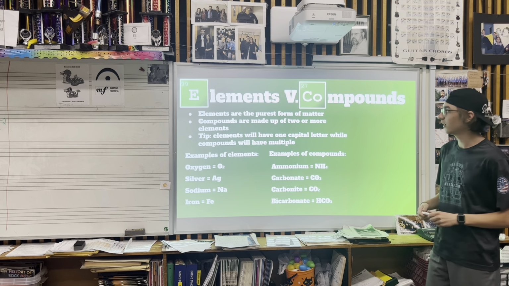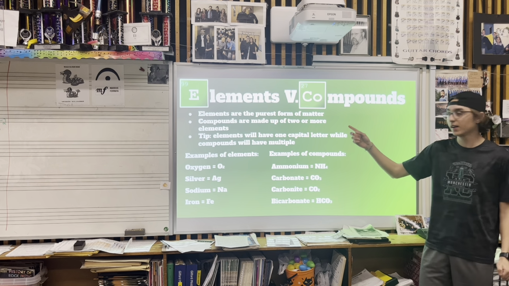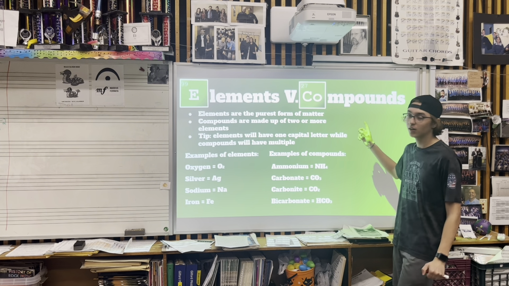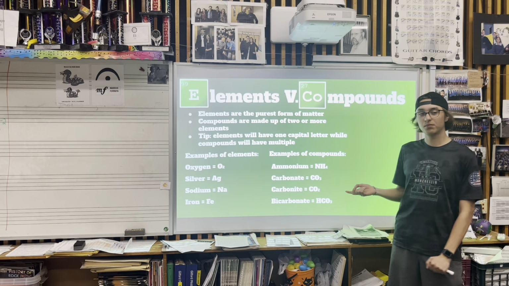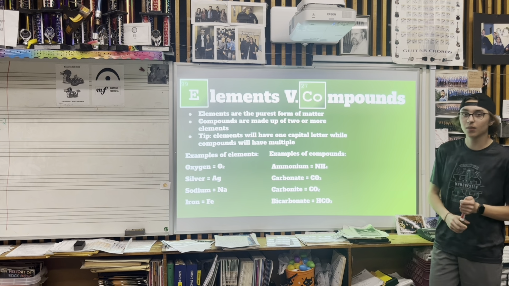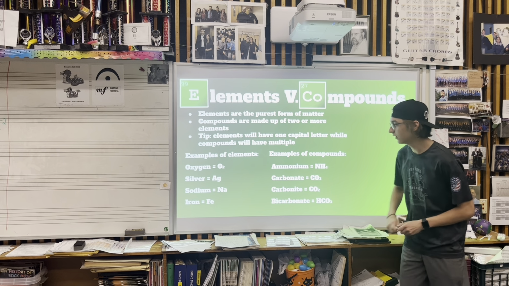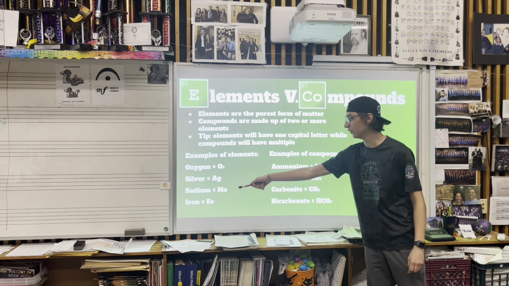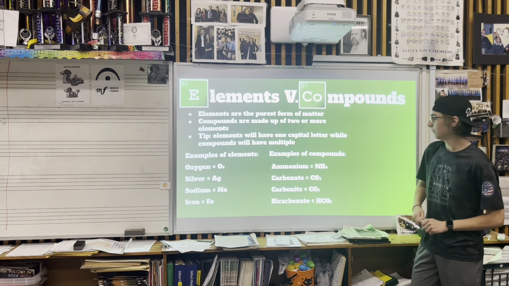Alright, so we're going to start at elements and compounds. Elements are the purest form of matter, while compounds are made up of two or more elements. The way that you'll be able to tell if it's an element or a compound is that an element will only have one capital letter in it, like how you see capital A, lowercase g, capital N, lowercase a, and so on.